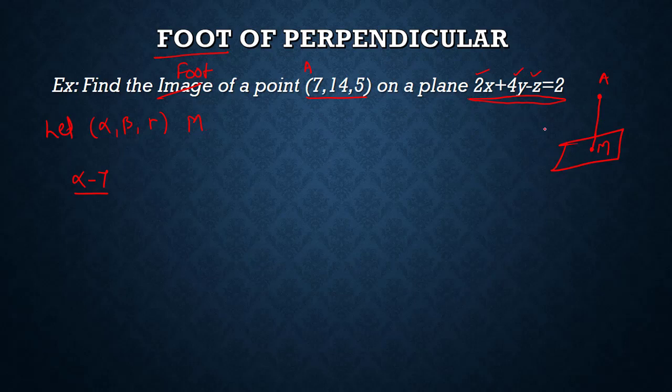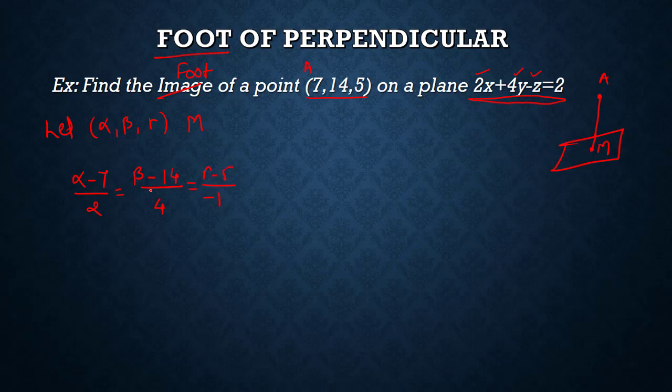So the direction ratio of the line becomes 2, 4 and minus 1. So alpha minus 7 by 2 equals beta minus 14 by 4 equals gamma minus 5 upon minus 1.